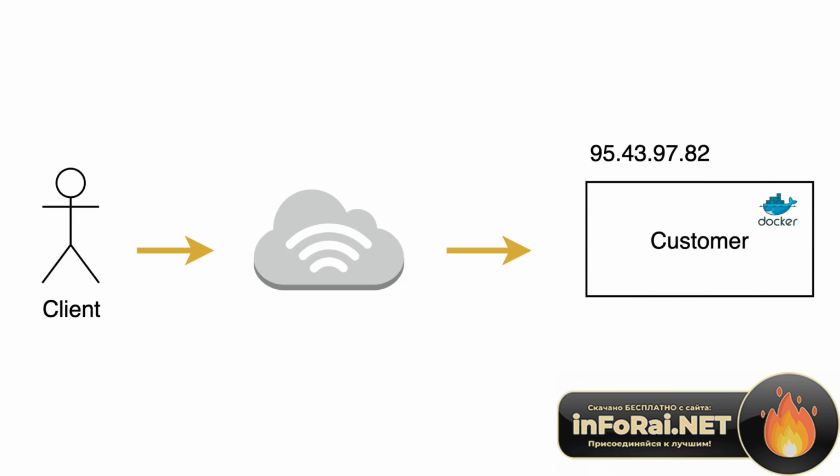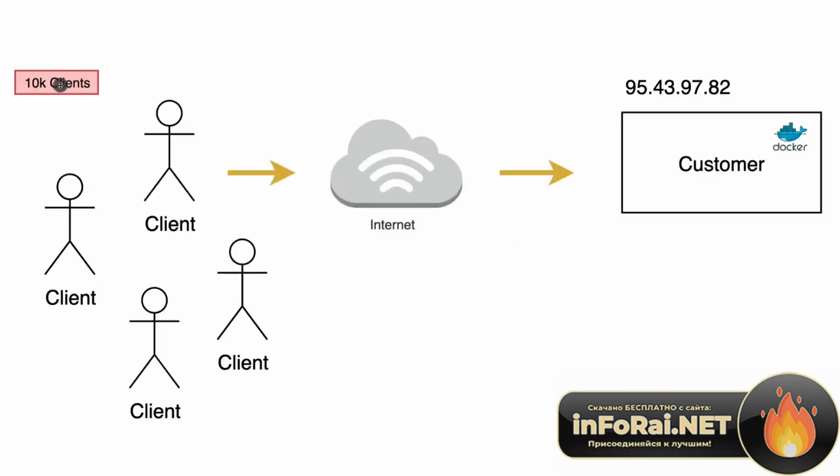So let's say that your application is becoming popular day by day and it's receiving more traffic. Let's say that you went from 1 or 3 clients to 10,000 clients using your application.